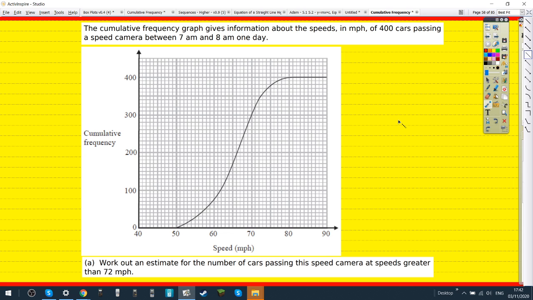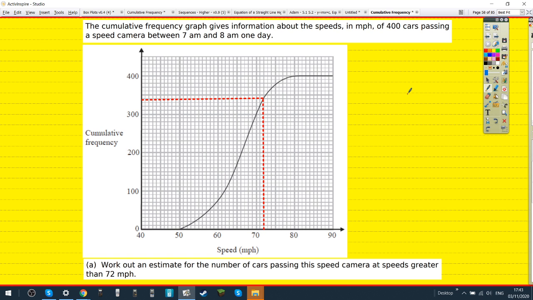Estimate the number of cars passing this speed camera at greater speed than 72 miles per hour. So 72 is here, and that is about 380.